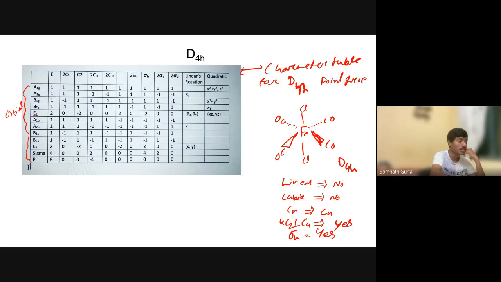Okay, in that case you can see here we can find Rz at A2g, which is active, but z is active at A2u. One is active in A2g, another is active in A2u.